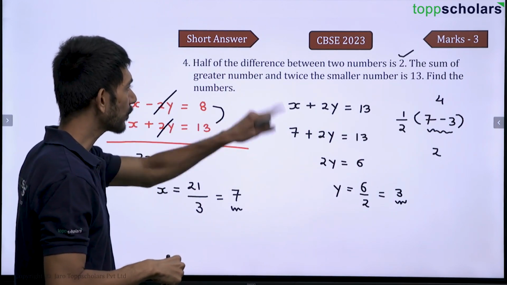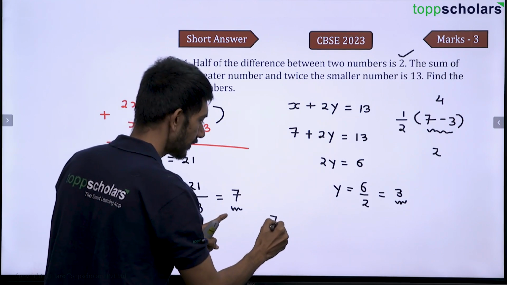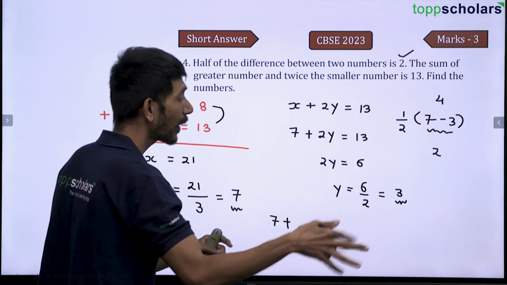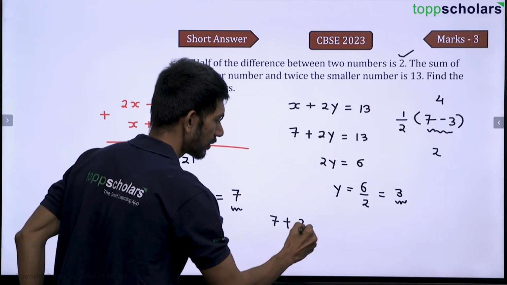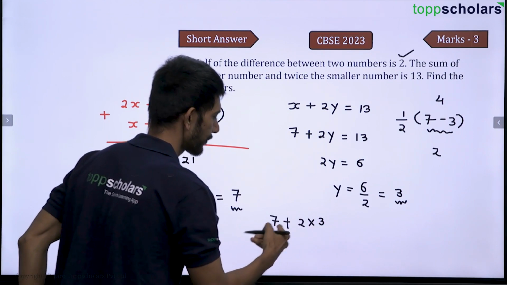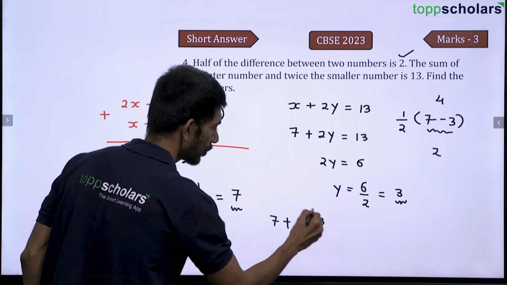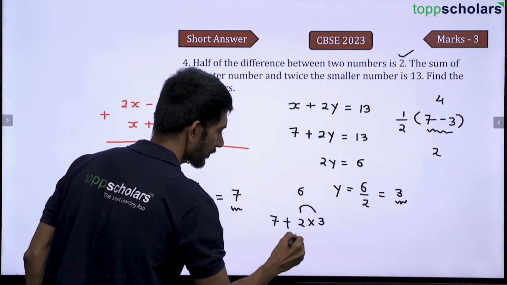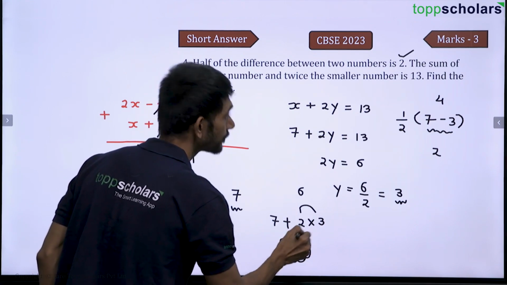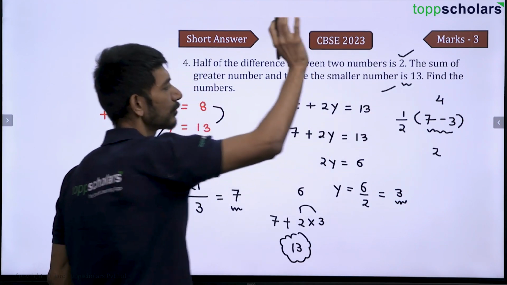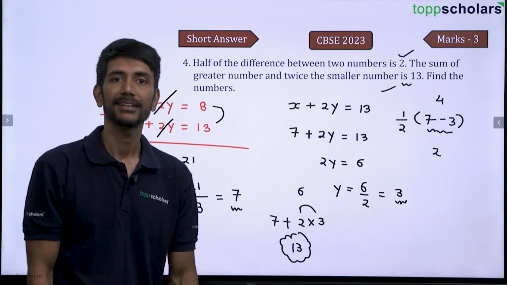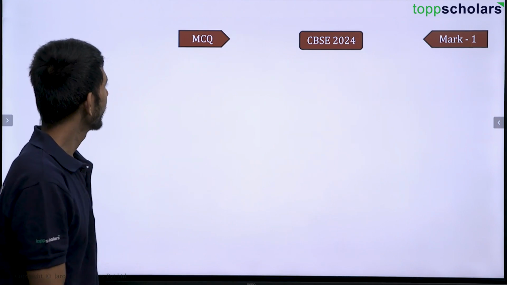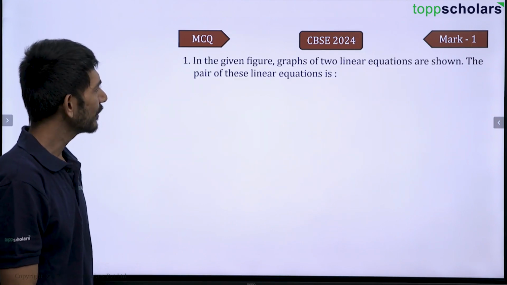Sum of the greater and twice the smaller number. Greater is 7 plus twice the smaller. 2 times 3. 7 plus 2 times 3. 2 times 3 is 6. 7 plus 6 is 13. This is also correct. That's it. Easy.